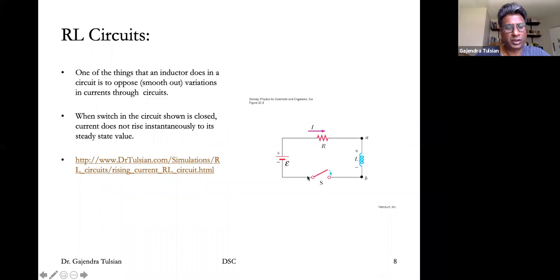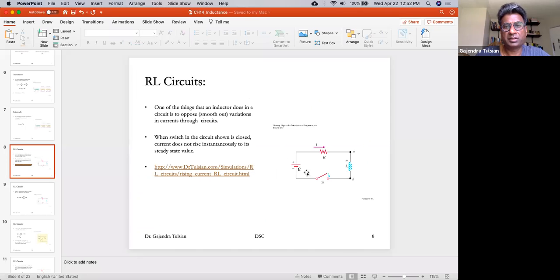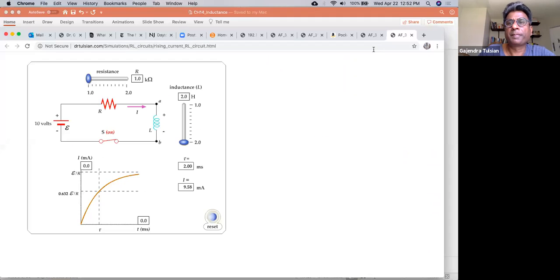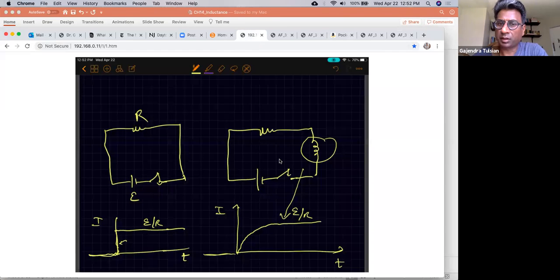So we are going to look at how the current changes with time in this circuit. Coming back to this circuit, we are interested in I as a function of time. All right, I will pause recording right now.